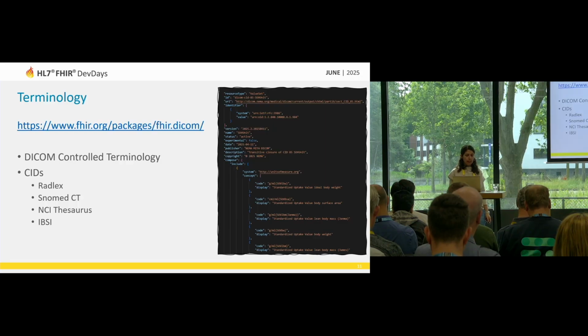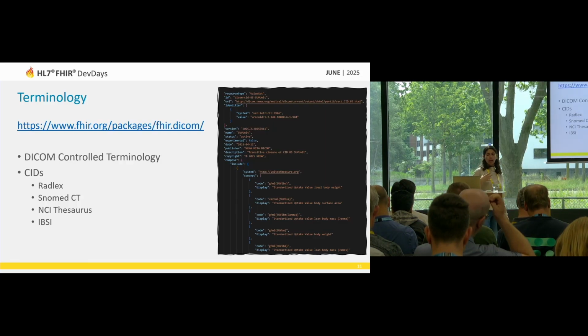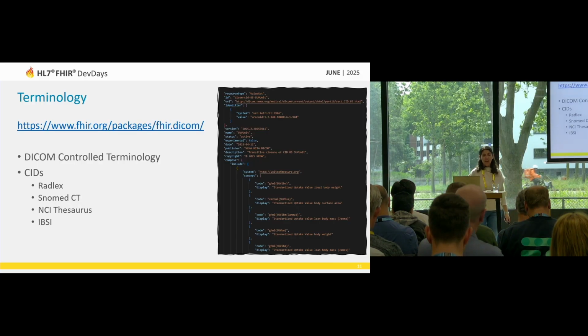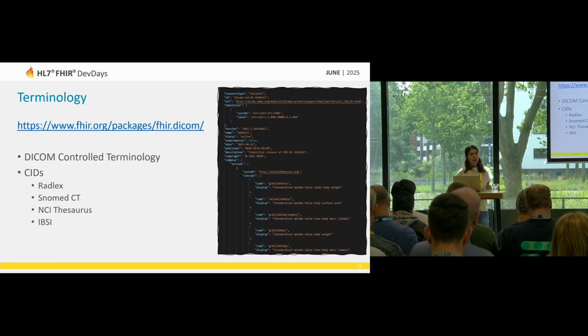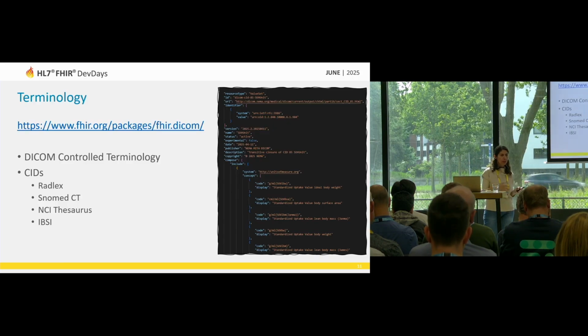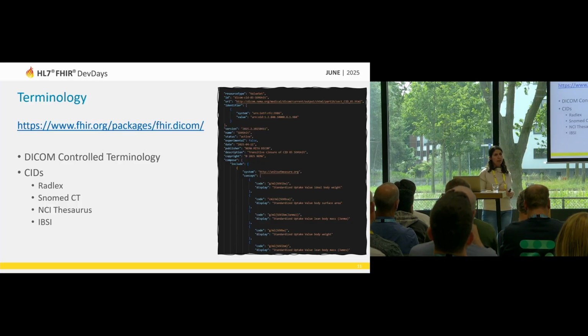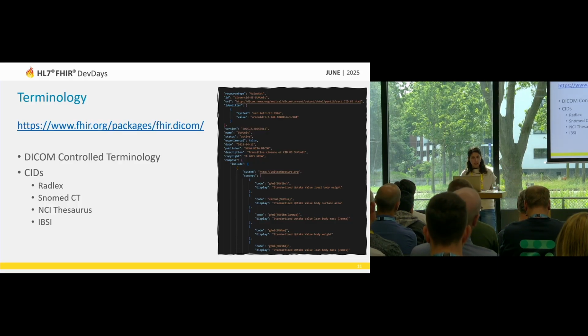In regards to terminology, we are able to use the DICOM terminologies of choice, to say it in one way, also from the FHIR side. So the people from DICOM have been working with Graham a couple of years ago, so that there are mechanisms that also in the FHIR registry we can download these DICOM packages with these value sets.